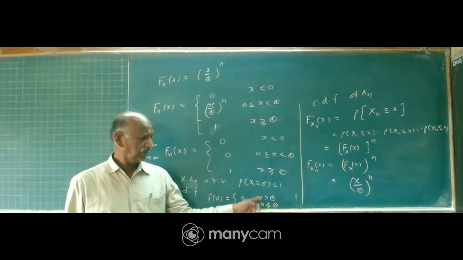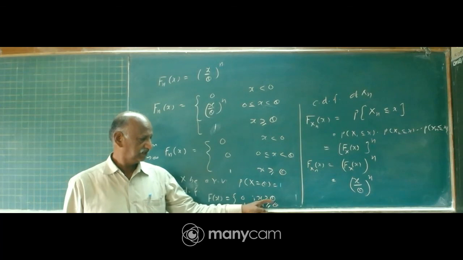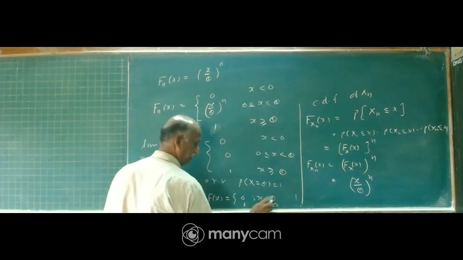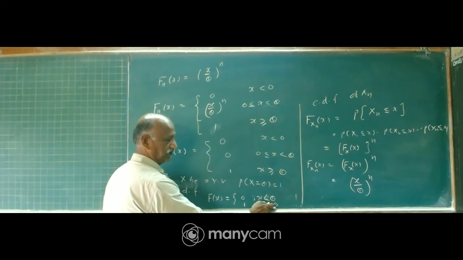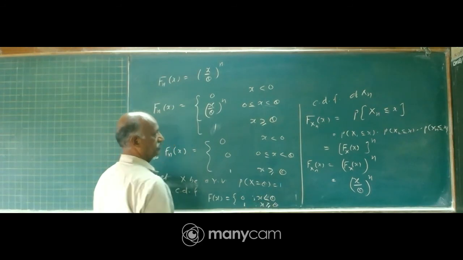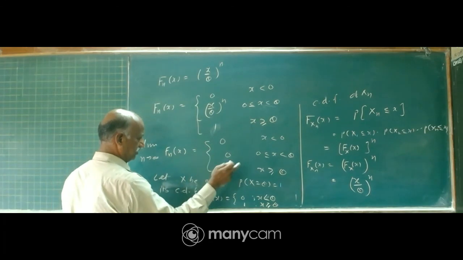Theta is equal to 1, so F_X is equal to 0 for x less than 1, and 1 for x greater than or equal to 1.